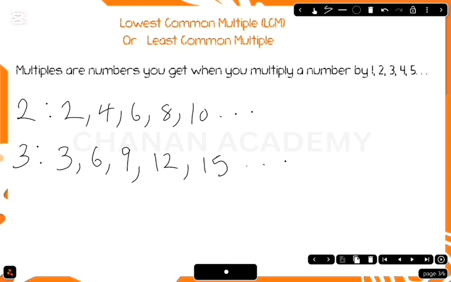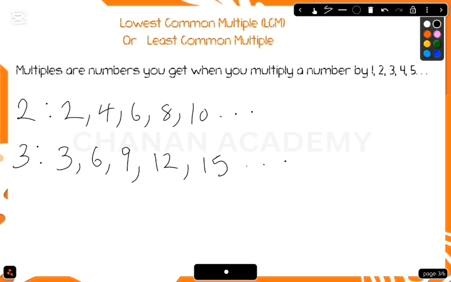If you're confused about how we got these multiples, let me quickly break it down simpler. 3 multiplied by 1 is 3. 3 multiplied by 2 is 6, so that's how we got this 6. This 9 is 3 multiplied by 3.